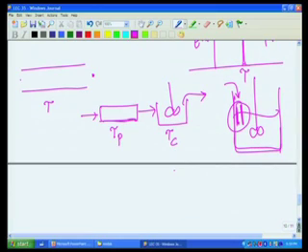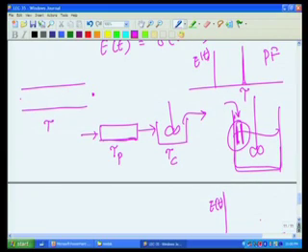Now, we are trying to look at the exit age distribution for this reactor. Let us say I do the same experiment: I put a pulse input of tracer in my reactor, and try to see the concentration of this tracer in the exit stream, namely C E of t.